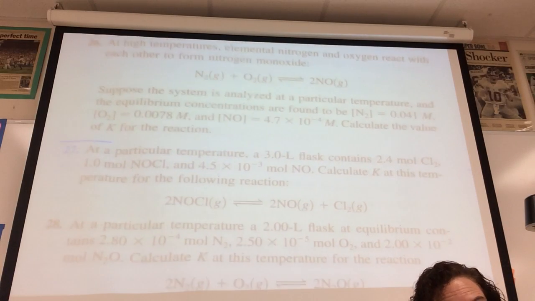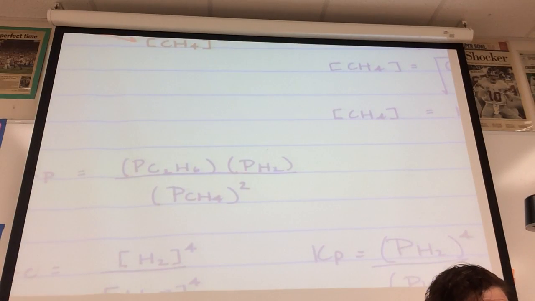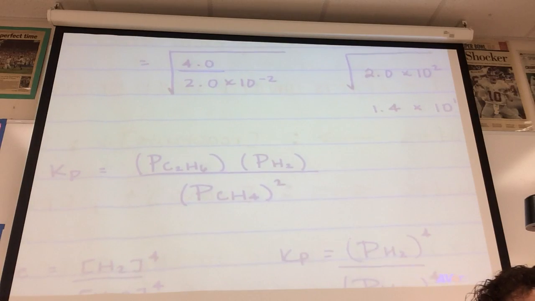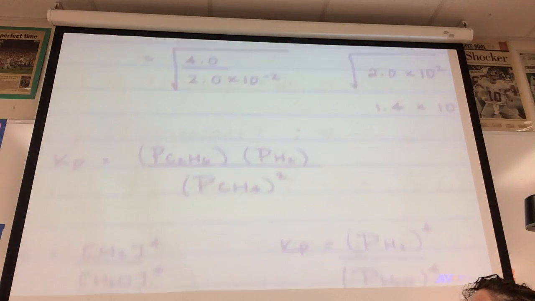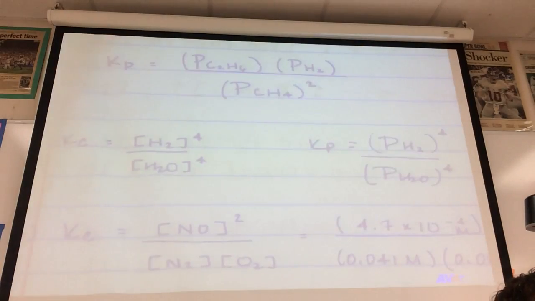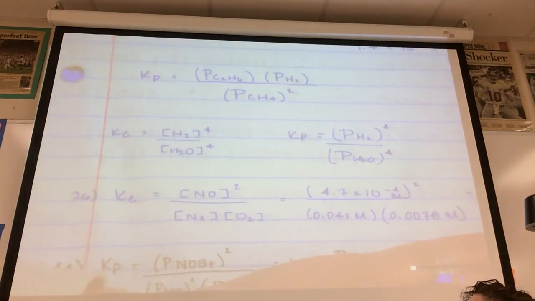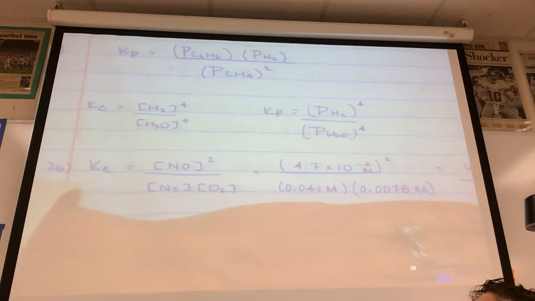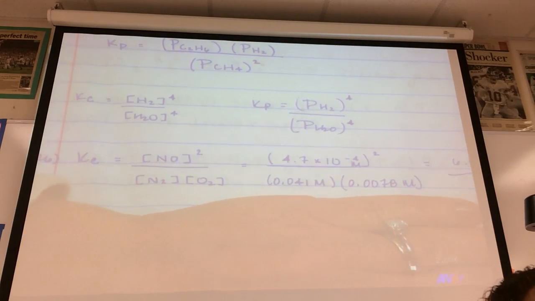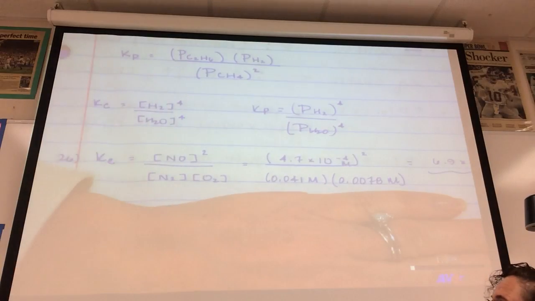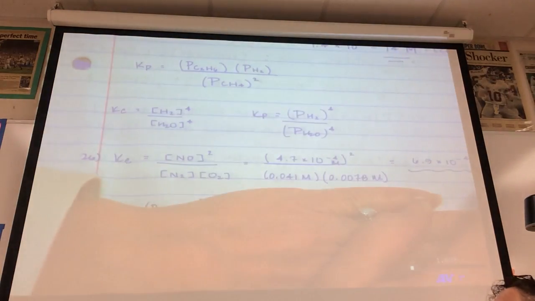He's right. There are no units for Kc because they are equation dependent, and so chemists just do not use units for Ks. All Ks are going to be unitless.